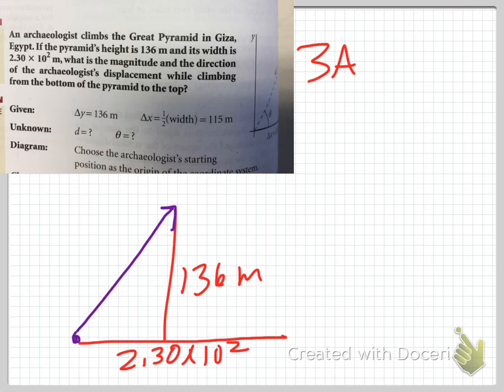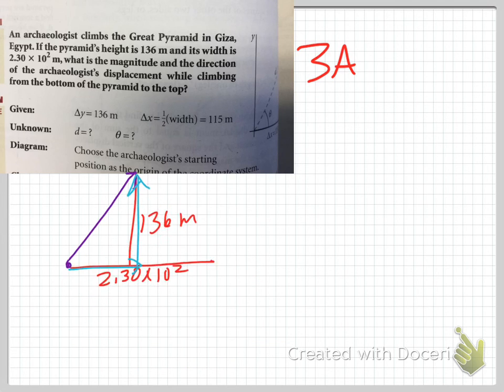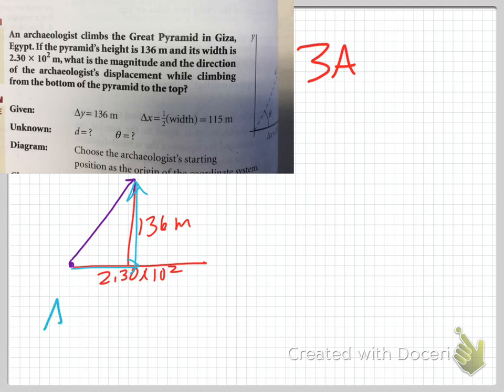So again, we have a triangle that's created for us. Their x displacement, so delta x equals 0.5 times 2.3 times 10 to the second meters, because of course they're only going half of the width.